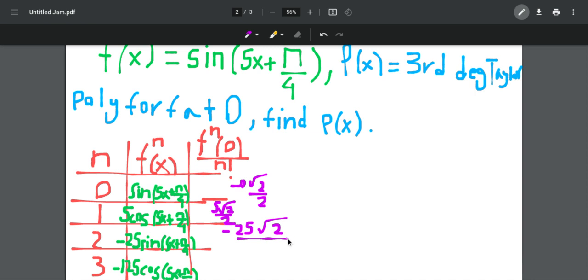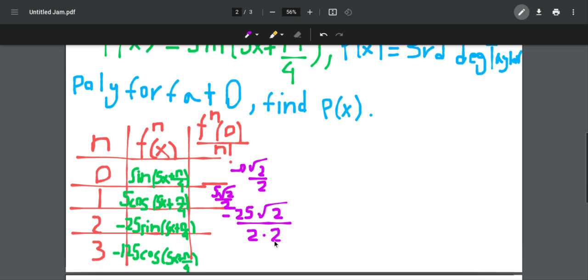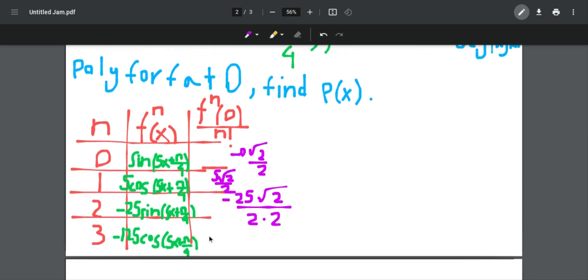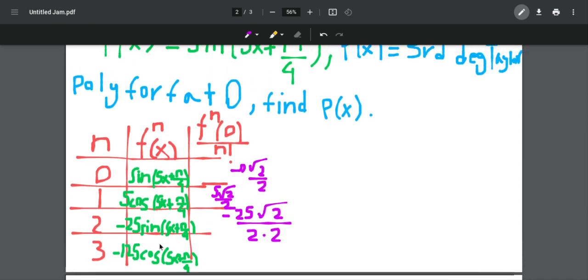And then because we're dividing by 2 factorial, which is again 2, we multiply it by a 2, which comes from the square root of 2 over 2. So it's negative 25 square root of 2 over 2, and then divided by 2 factorial, which will be the same when we simplify it.